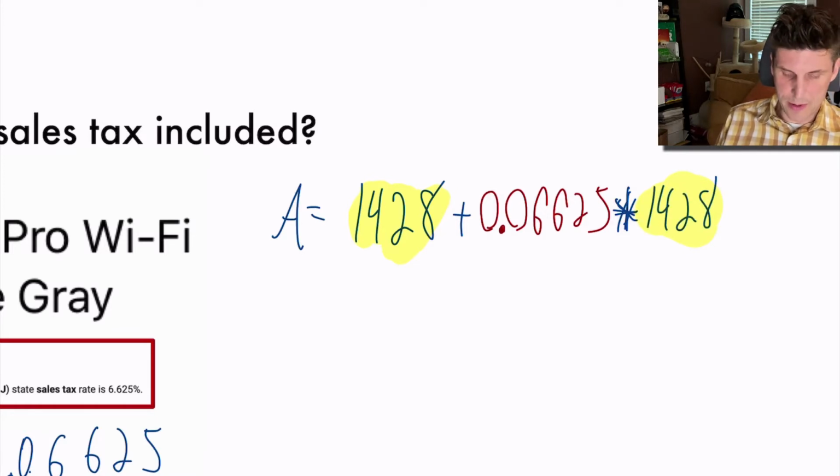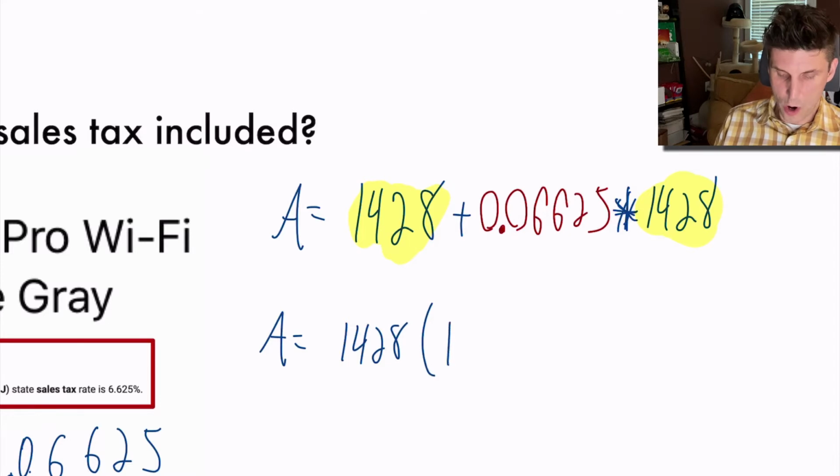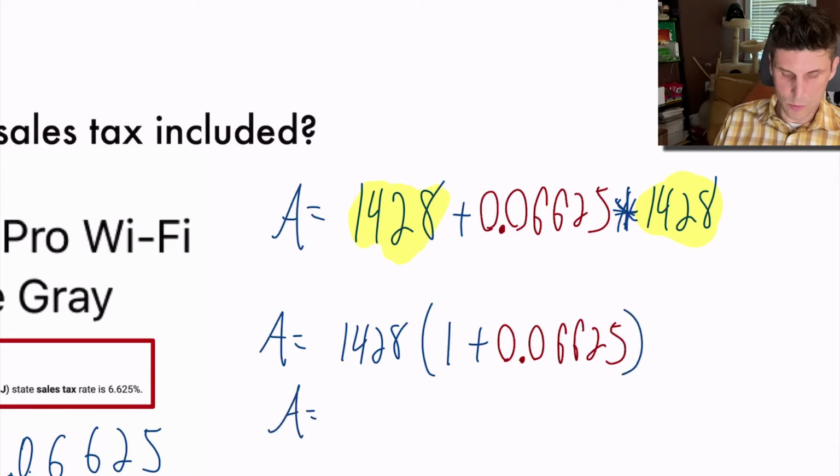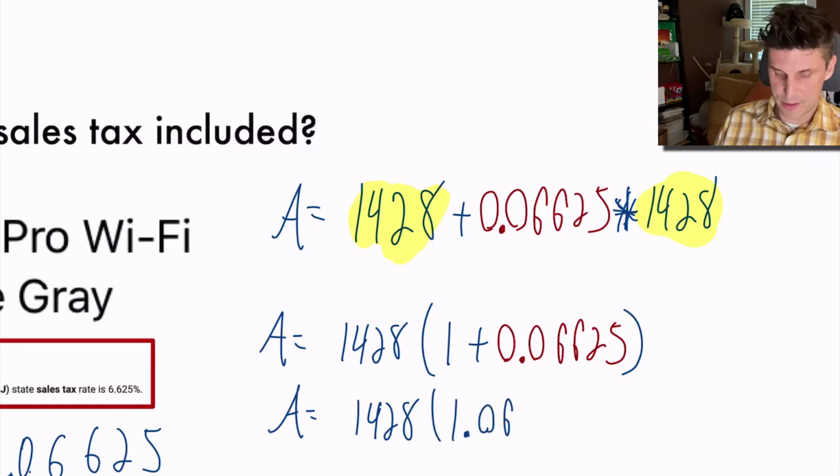So we can rewrite this now as A equals 1,428 times 1 plus 0.06625, which we know is A equals 1,428 times 1.06625.